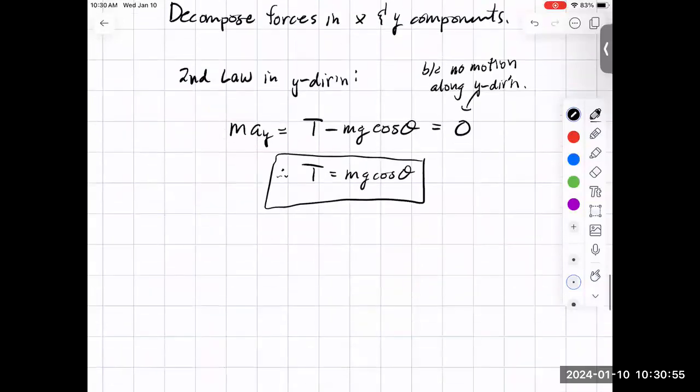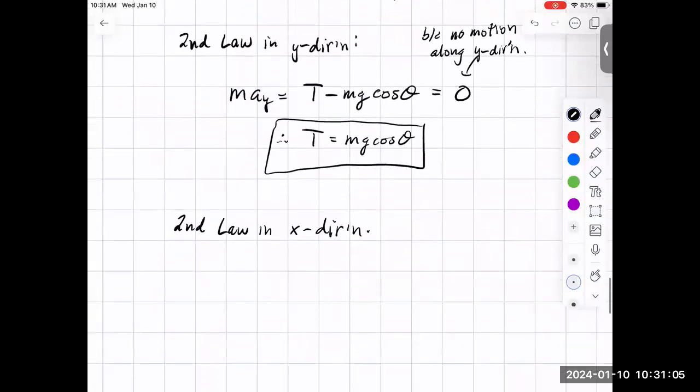Okay, so let's do the second law in the x direction. Okay, so second law says the net force is equal to the mass times the acceleration, in this case in the x direction.